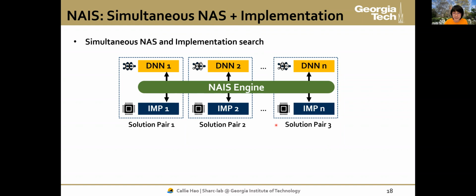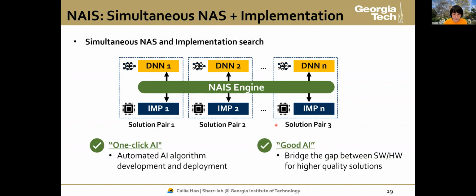This is how NICE works and why it is good. First, it enables one-click AI, because everything is automated: we have automated AI algorithm development and deployment. The second is that we get good AI. Because the software and hardware are generated together, we can bridge the gap between software and hardware for a higher quality solution. So this is what NICE looks like, and this is why NICE is nice.